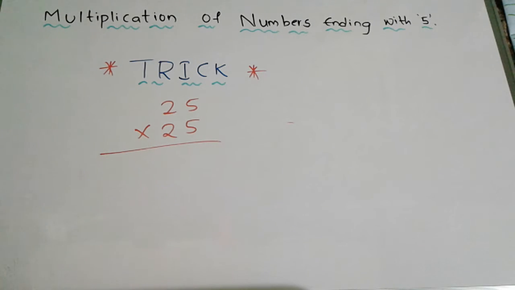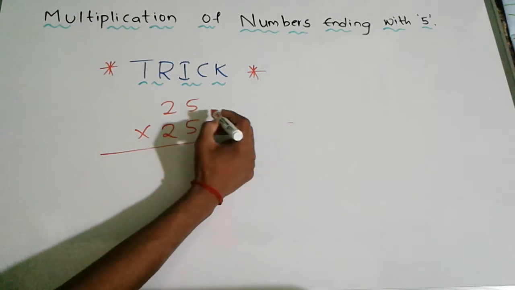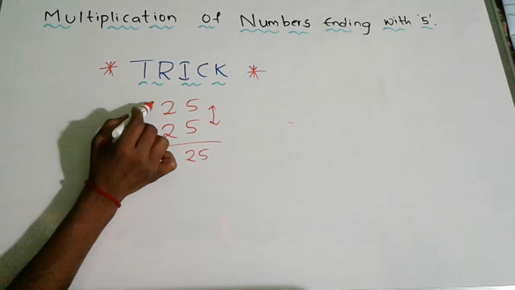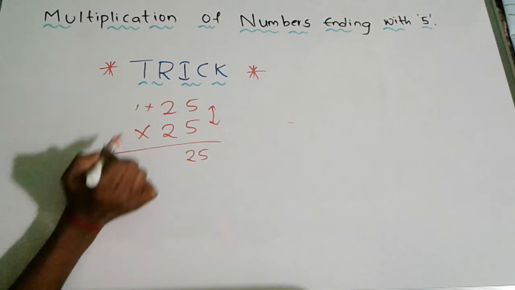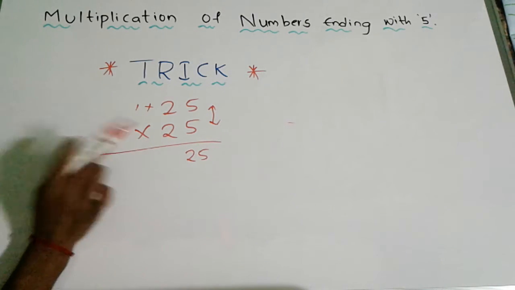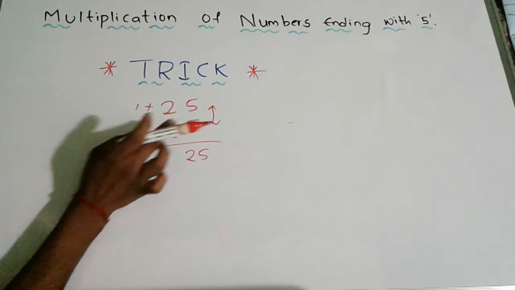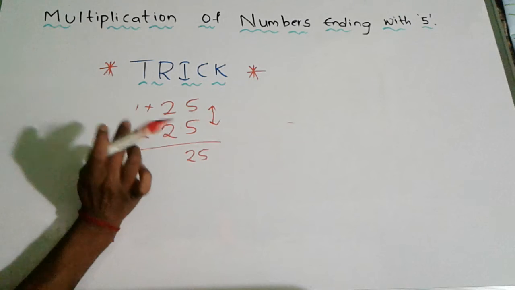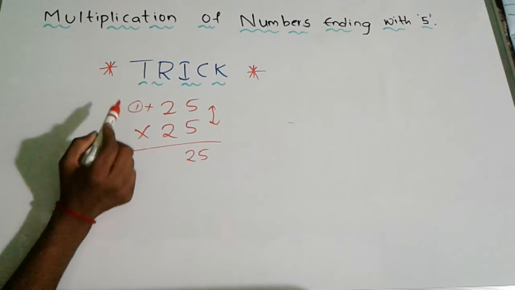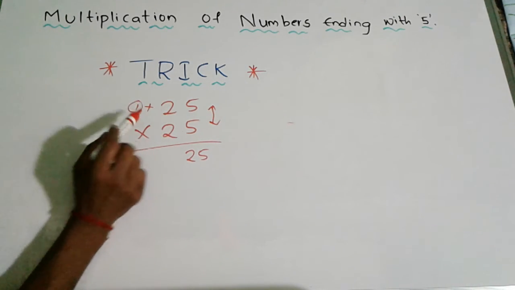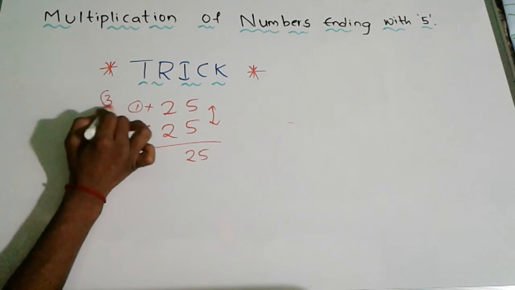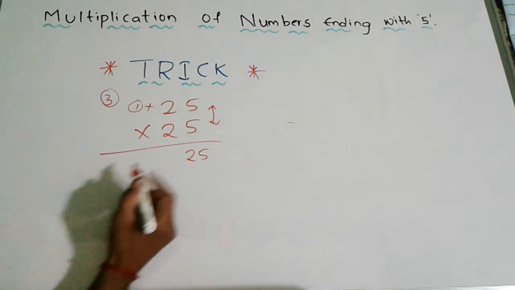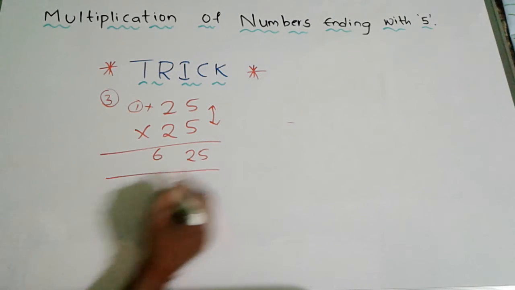In this case, you have to write 5 5s are 25, and you have to add 1 to any number, because there is no change if you add 1 to this number or this number, right? So I'm adding 1 to this number, which gives 3, right? So you have to multiply this 3 and 2 so that we get our final answer, right?